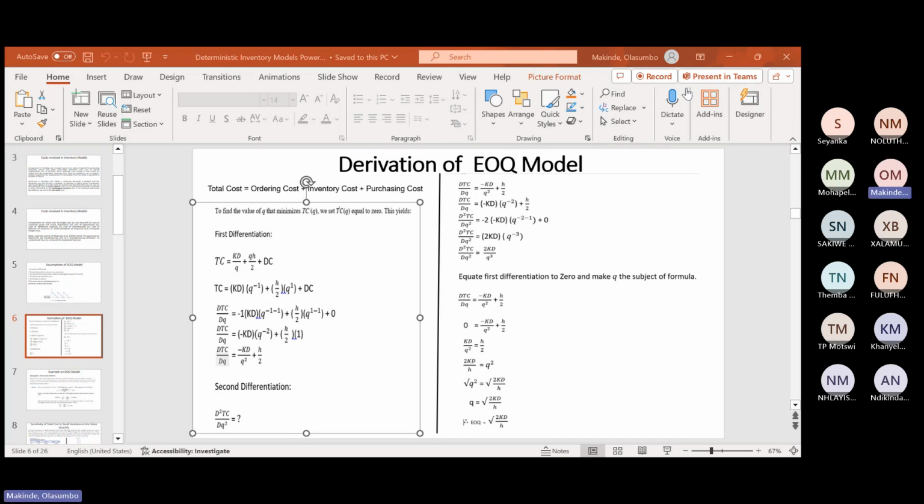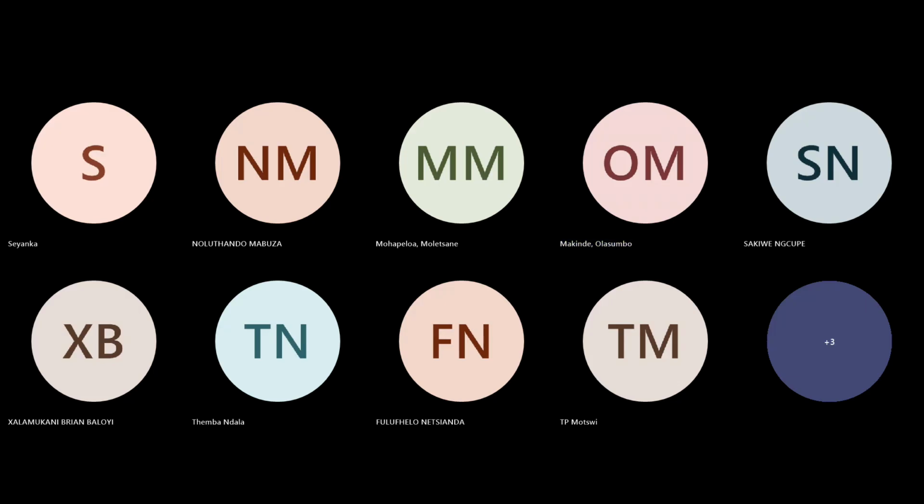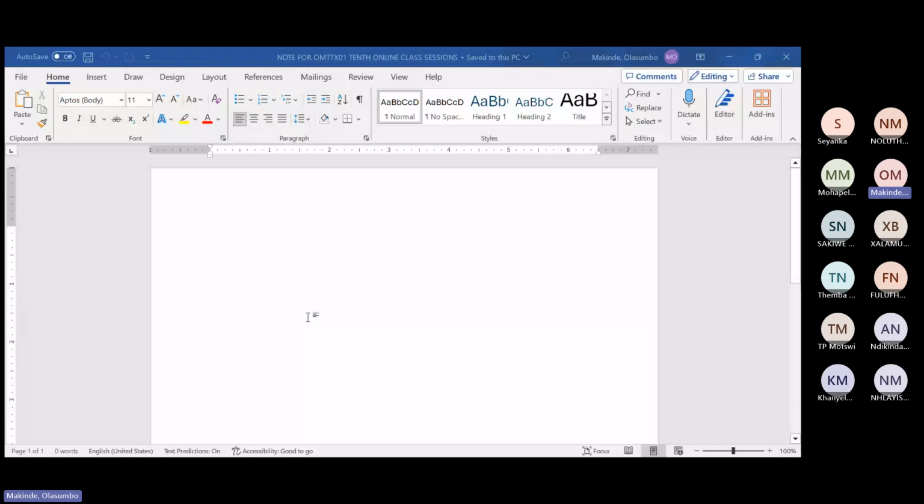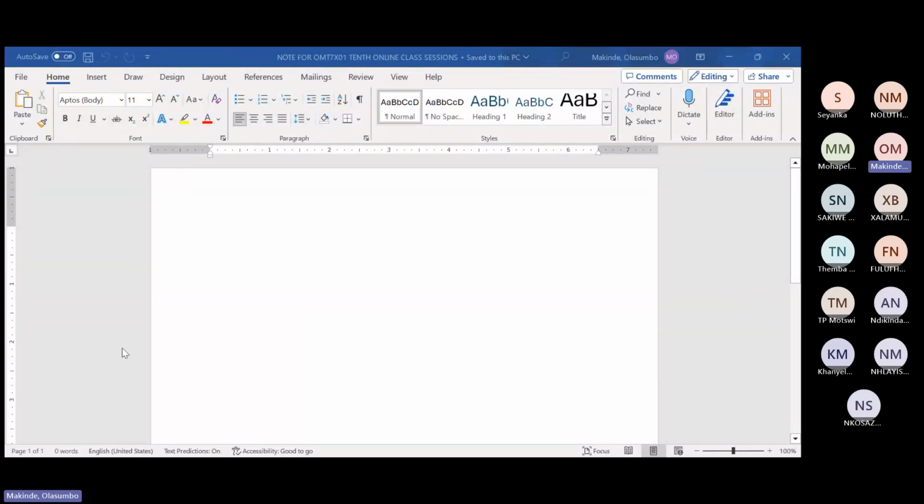So if I should show you my Word document, I will just flip between the Word document and the note itself. Like we said, what we want to find out is how to minimize this total cost.